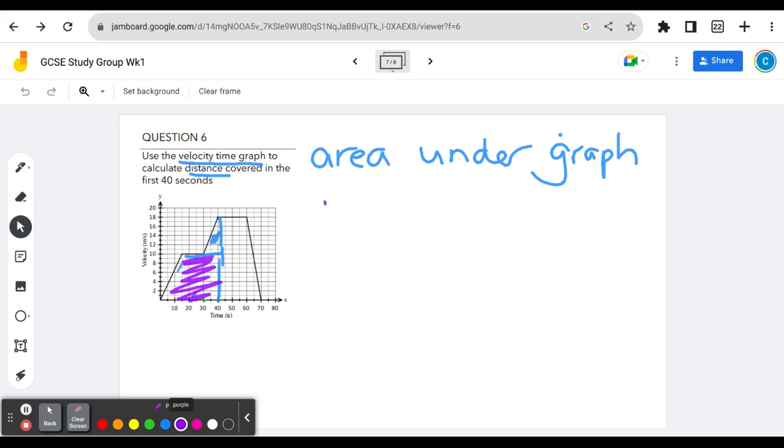So area of a trapezium is half A plus B H, where A plus B is the parallel sides. So the top has a length of, let's see what's going up in. It's going up in 5s. That's 10, 20, 25. So the first A is 25, and the bottom is the 40 seconds.